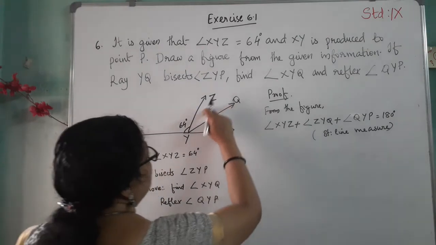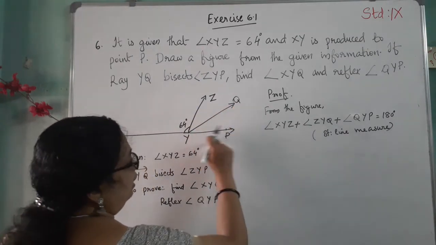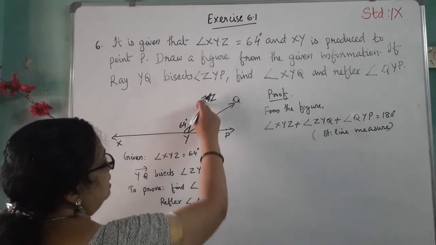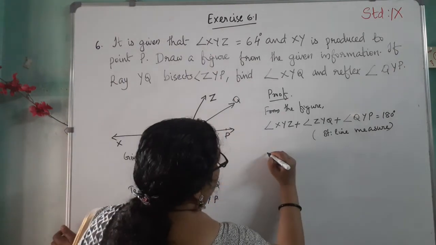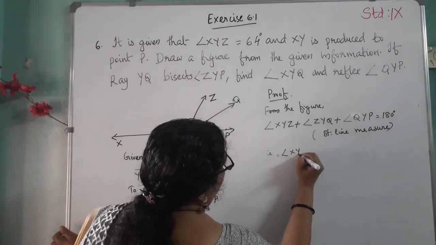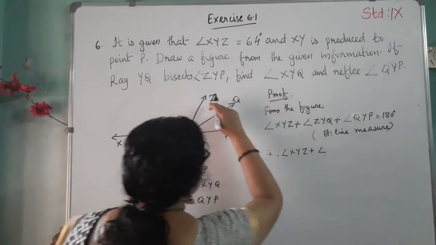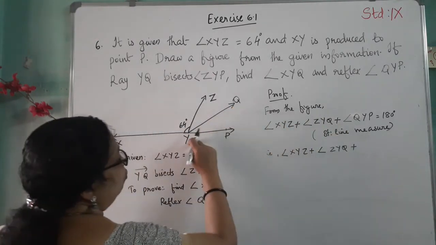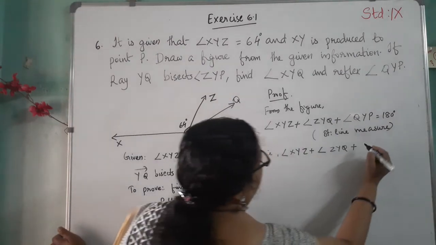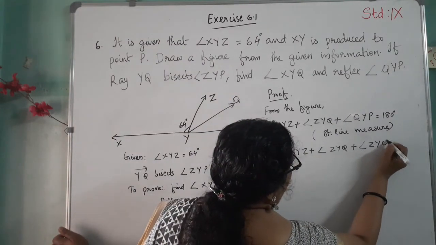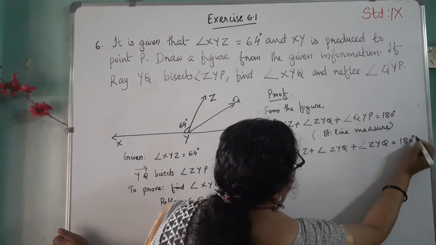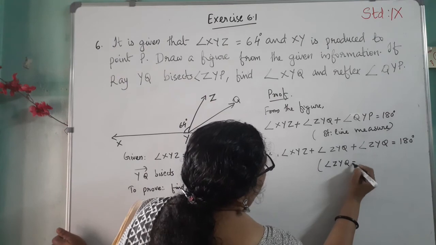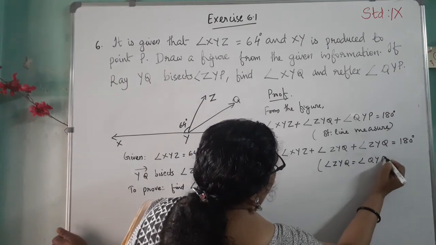Angle ZYQ and QYP are equal, because given that YQ bisects ZYP. So angle XYZ plus angle ZYQ plus, instead of QYP, again angle ZYQ equals 180 degrees.